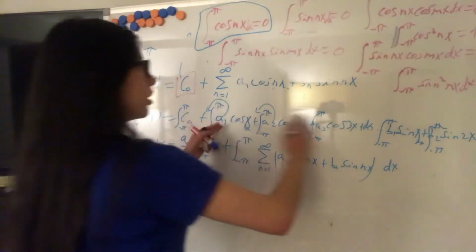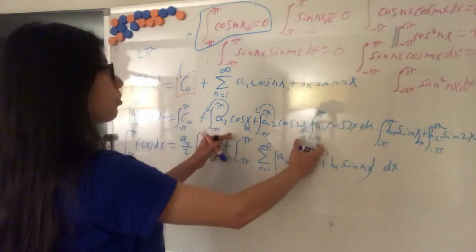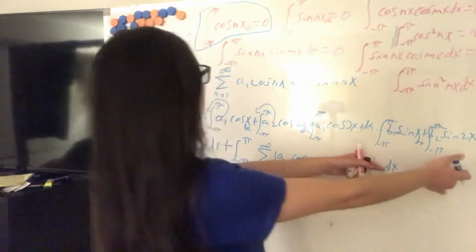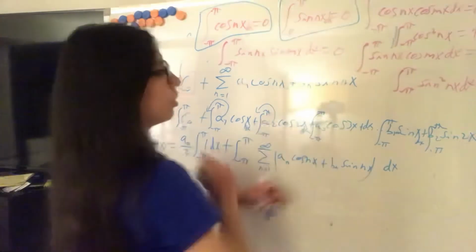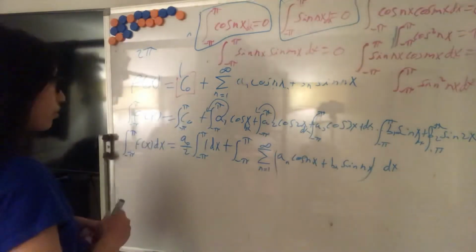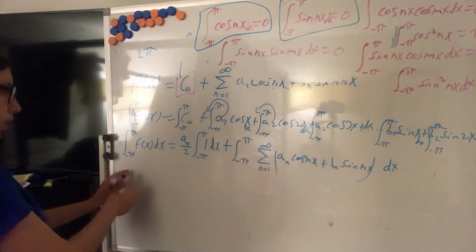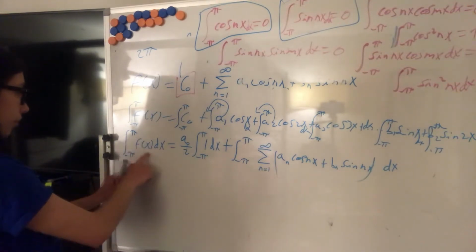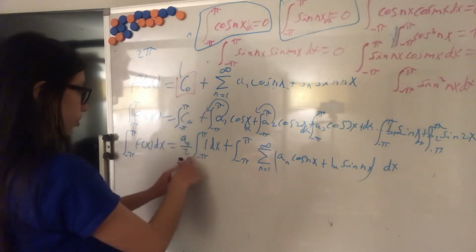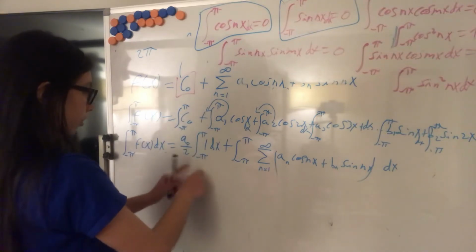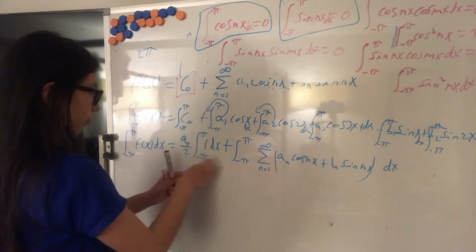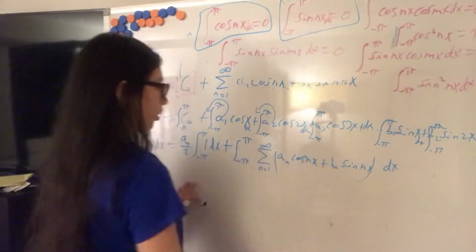So all of these cosine terms would be 0, and all these sine terms will also be 0. And we only have the defined integral from minus pi to pi of the function dx equal to a naught over 2 times the defined integral from minus pi to pi of 1 dx, and all this becomes 0.